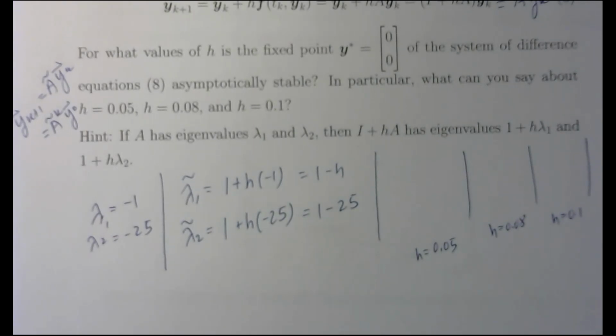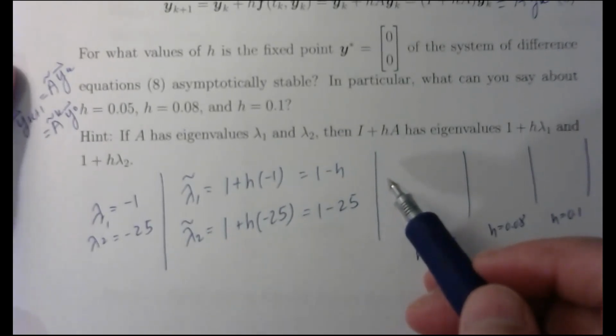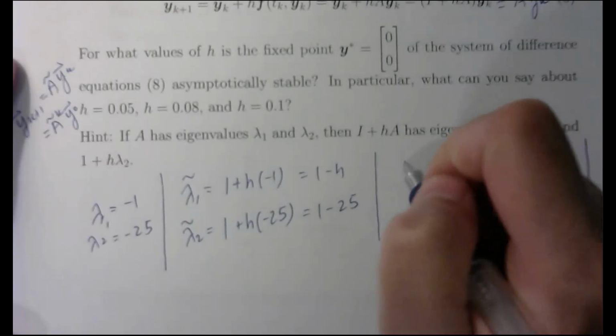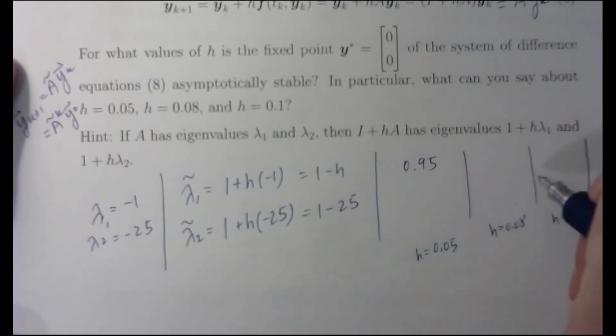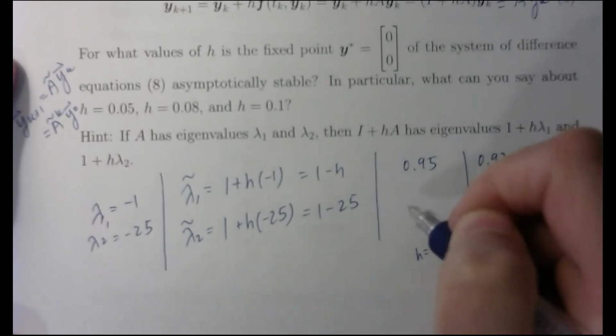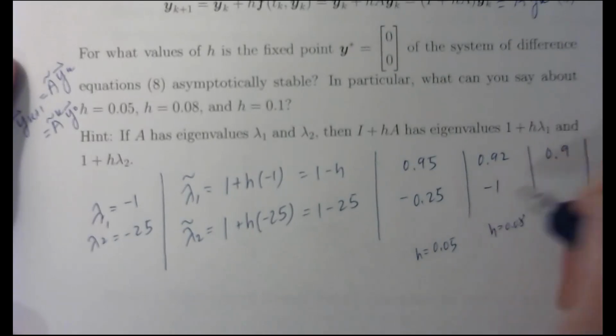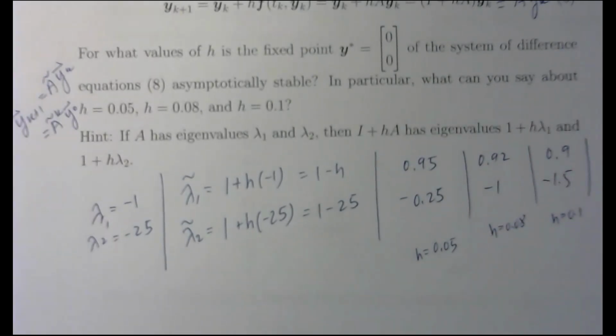So 1 minus h, if h is 0.05, this is 0.95, 0.92, 0.9. So that's no problem, right? Always in the unit circle. However, the other is minus 0.25, minus 1, minus 1.5. So I can see the problem, right?